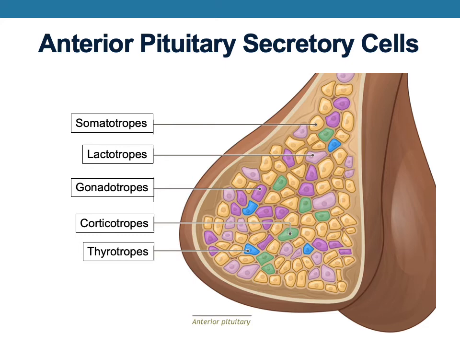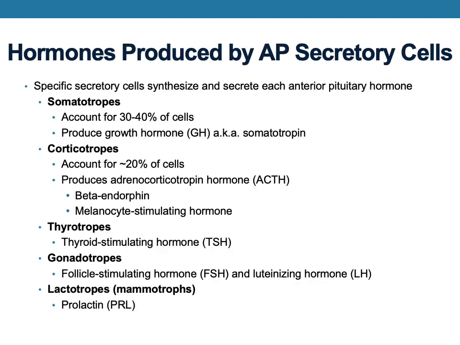The 6 types of cells we will cover are somatotropes, lactotropes, gonadotropes, corticotropes, and thyrotropes. Just by reading and hearing the names, you can probably speculate which cells produce which hormone.